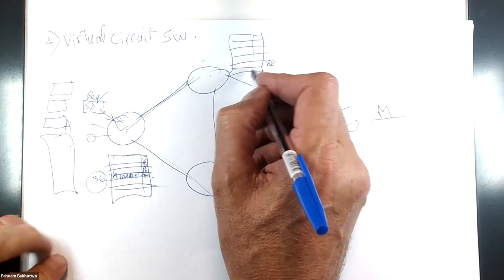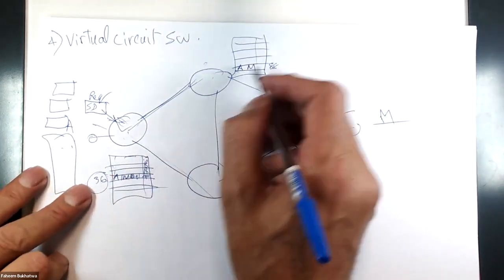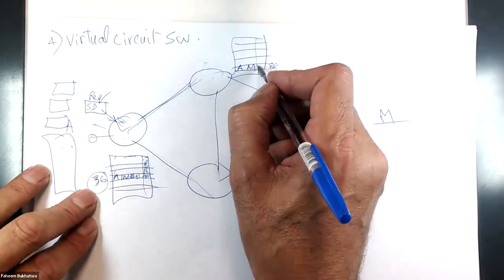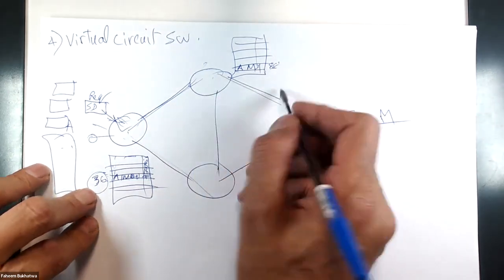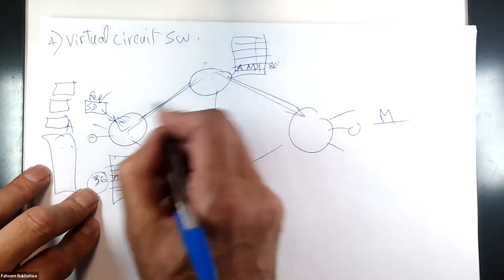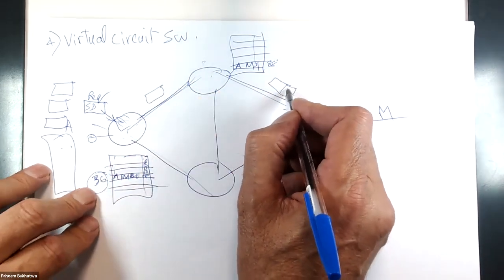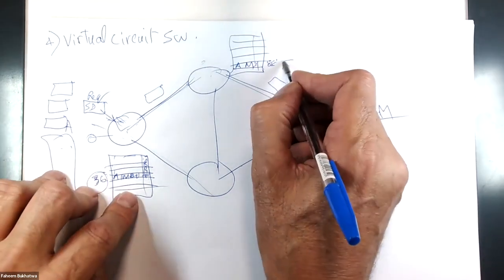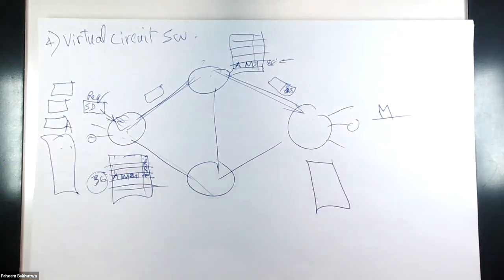So it says, yes, I can take A to talk to M. If I respond back, I'll put this number 36, but I found it in 88, so it will tell this one, your virtual circuit is 88. It puts the number in the packet: if you respond to me, use number 88. That's where I have it stored. And this goes through each router.